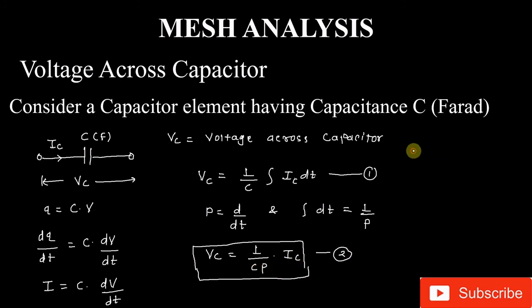This Cp is measured in ohms, so it is the impedance of this capacitive circuit, and C is measured in farad.